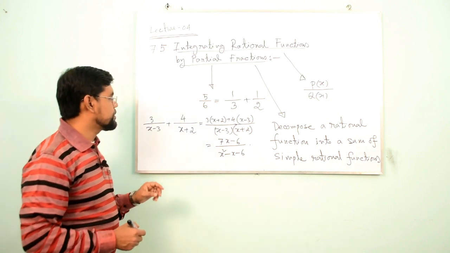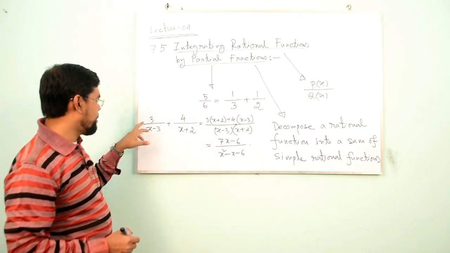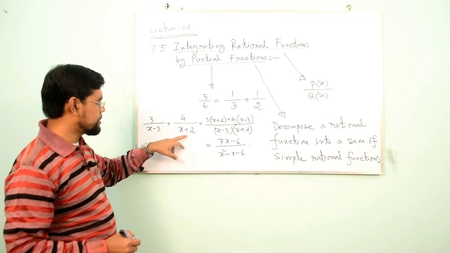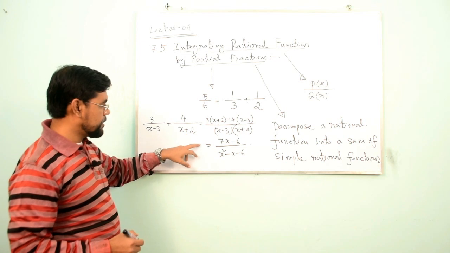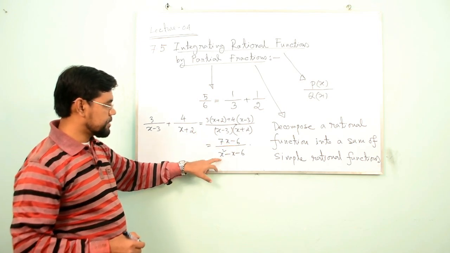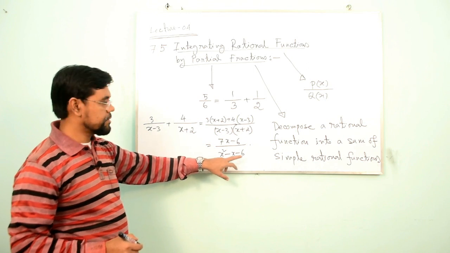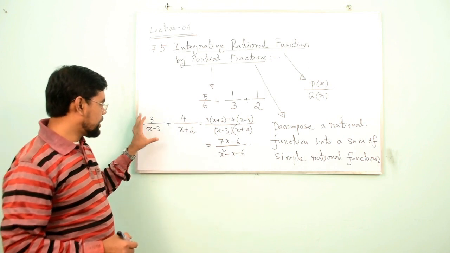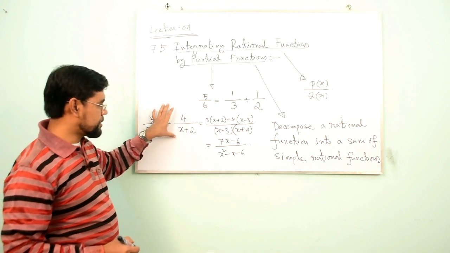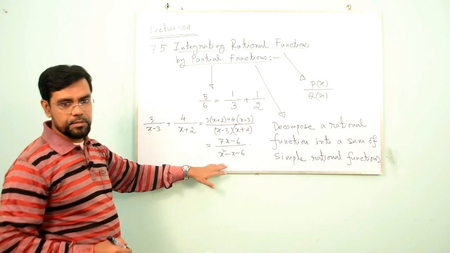So let's see, 3 by x minus 3 plus 4 by x plus 2 is equal to 7x minus 6 divided by x square minus x minus 6. One can easily sum these two fractions to get a single fraction.